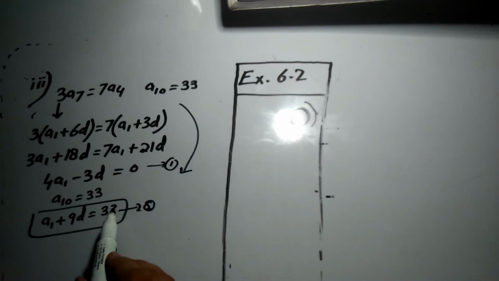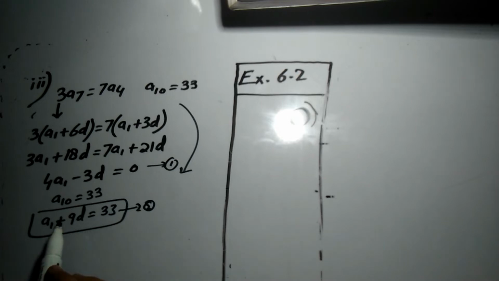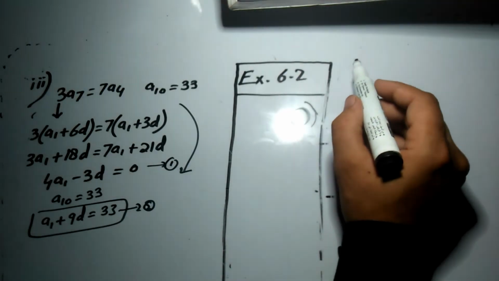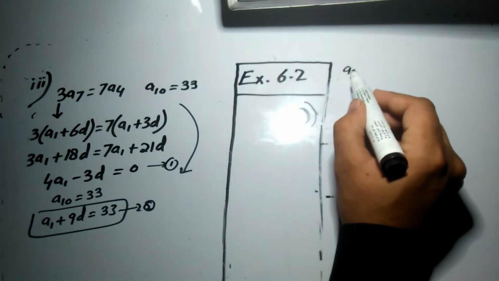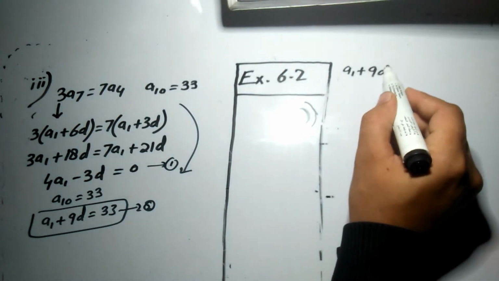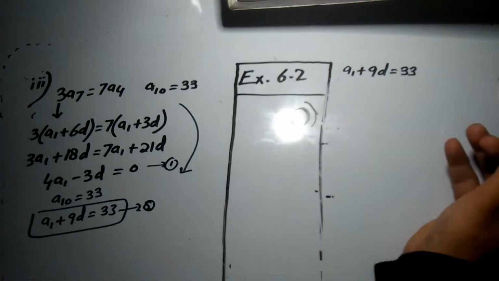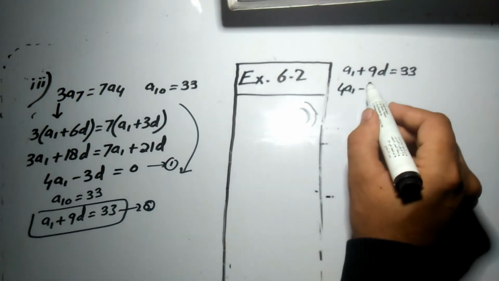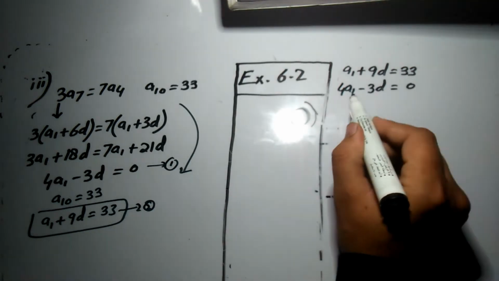equation number 2 is a1 plus 9d is equal to 33. So if we subtract these equations, this will become a1 plus 9d is equal to 33, and the other equation is 4a1 minus 3d is equal to 0.